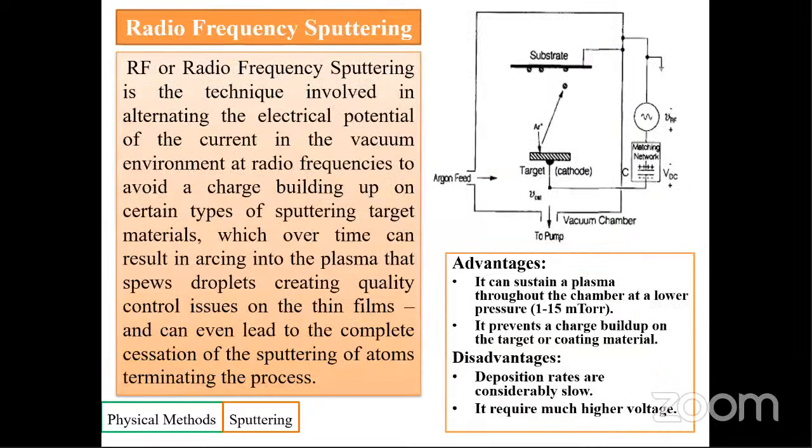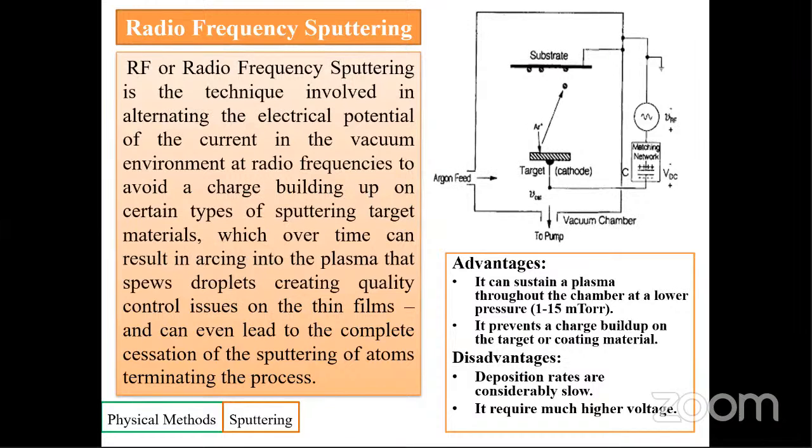Those are the disadvantages. Then the radio frequency sputtering system is used when we are going to deposit insulating or highly resistive materials, which cannot be done with either DC sputtering or triode sputtering. In the radio frequency sputtering system, the technique involves alternating the electrical potential.